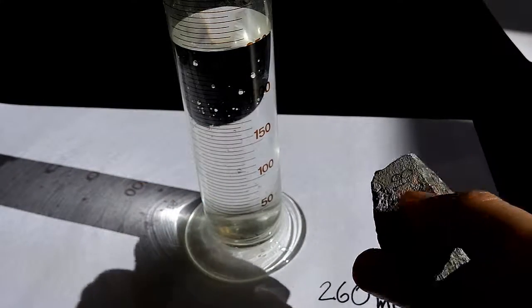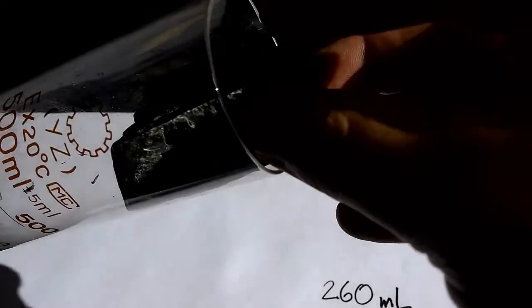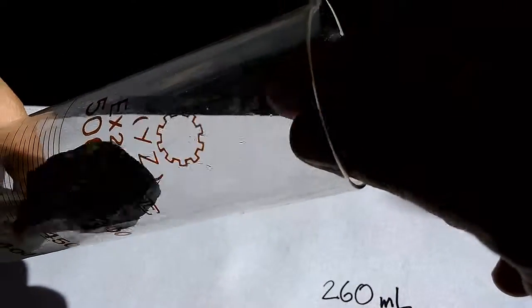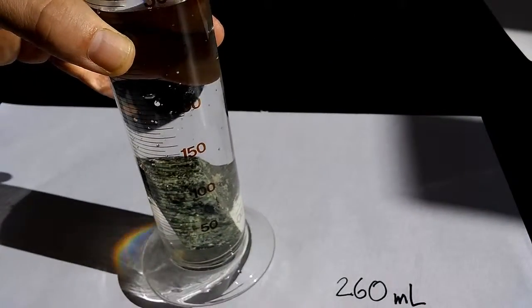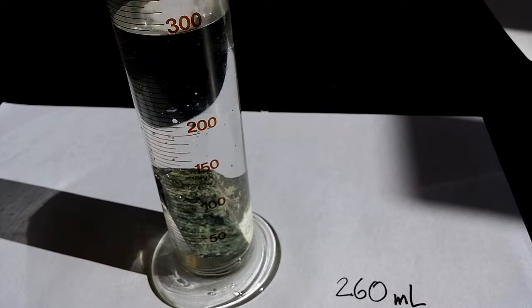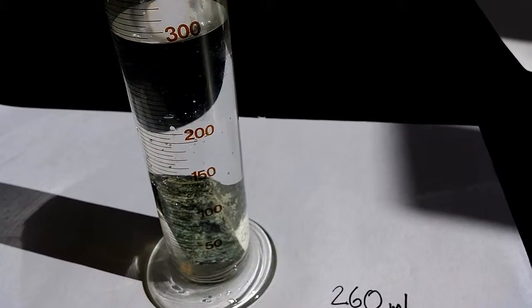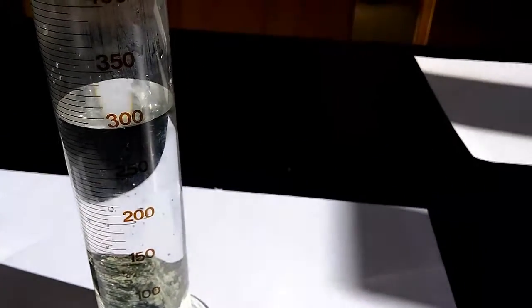So the first thing we'll do is we will put the rock in here. I like to tilt it over so the rock goes in nice and easy without cracking the graduated cylinder. Hopefully not a lot of water will pop out of it. Alright, and it's sunk to the bottom. And now we have to get another reading for what the volume is to see how high up it went.